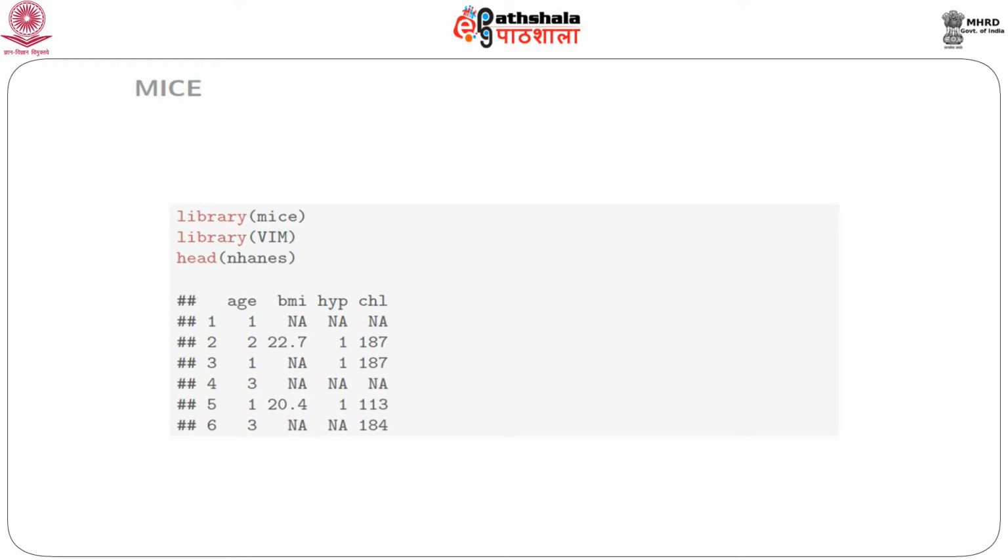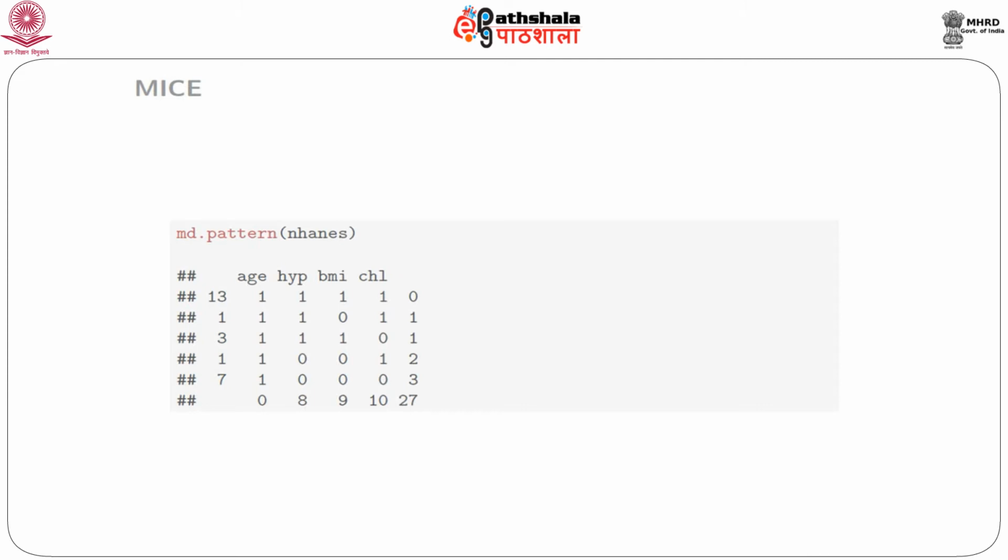The objective here is to run a regression with the response variable as cholesterol level and the explanatory variables as age and HYP, hypertension status. If we just want to see the data, we can write head(enhance), and the output is given, and we can see the values as well as the missing values coded as NA.